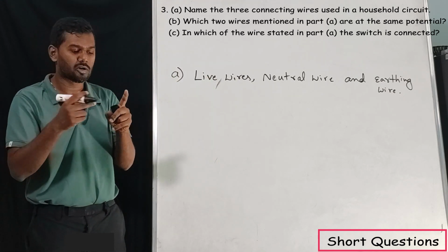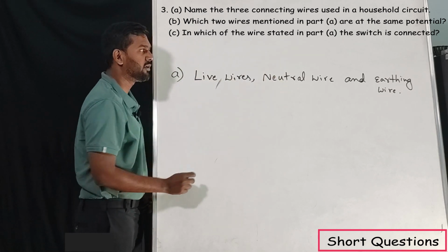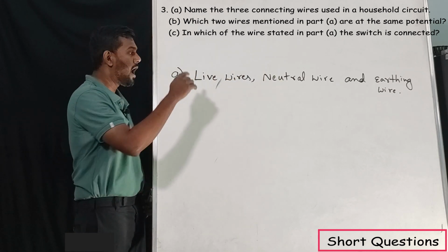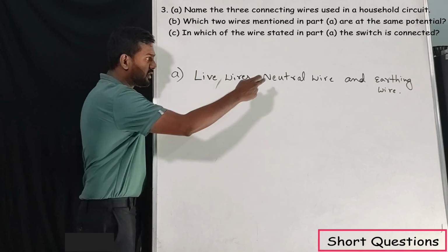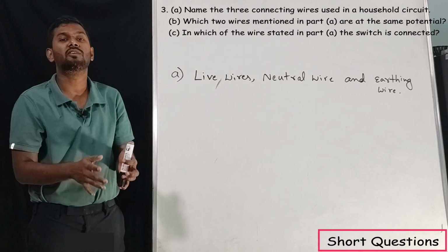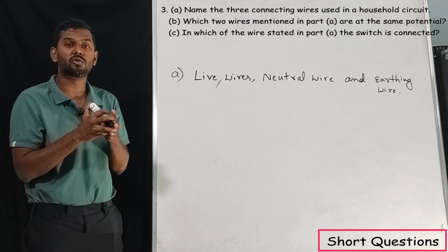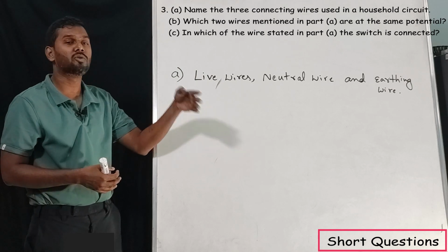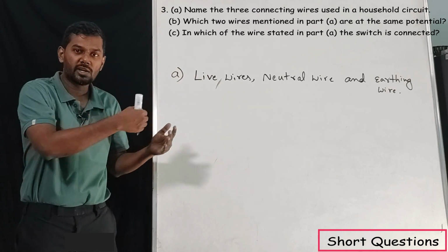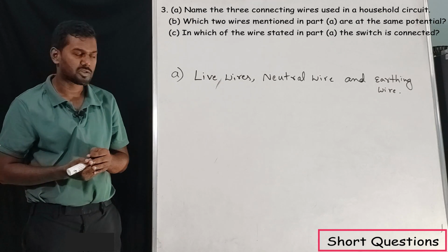First you need to understand the function of the live wire, the function of the neutral wire, the function of the earth wire, and where each is connected. All those things you should know. That is what we learned in the concept video. That is why I suggest that before you solve the theory questions, you need to understand the concept. Once we understand all these things, if we have numericals, we can solve them all.